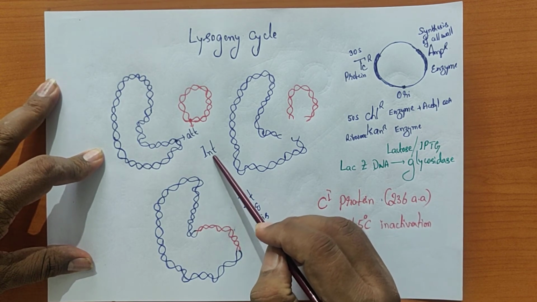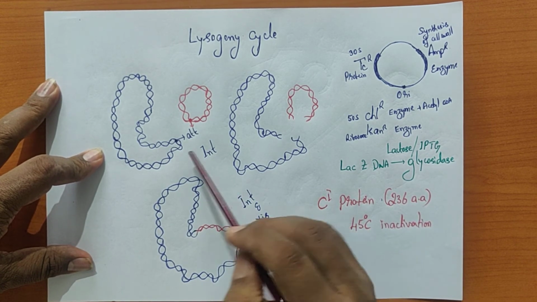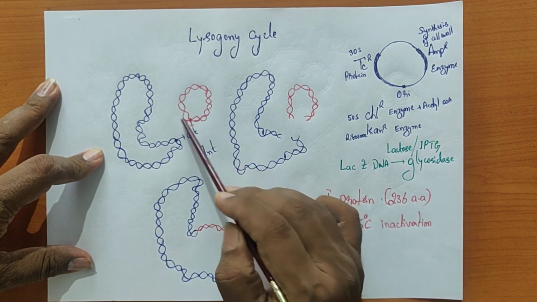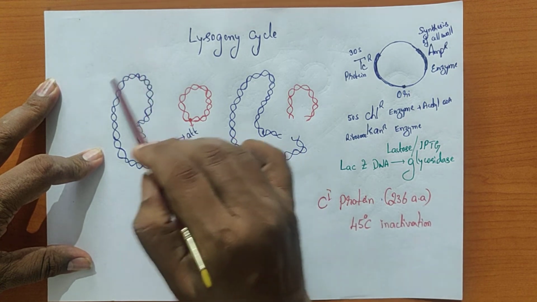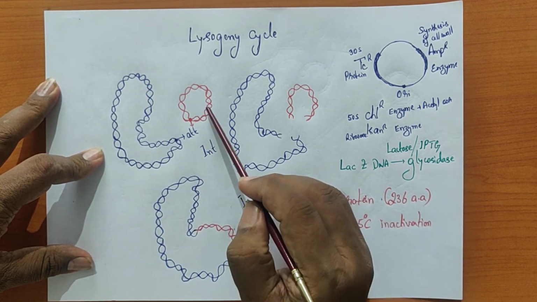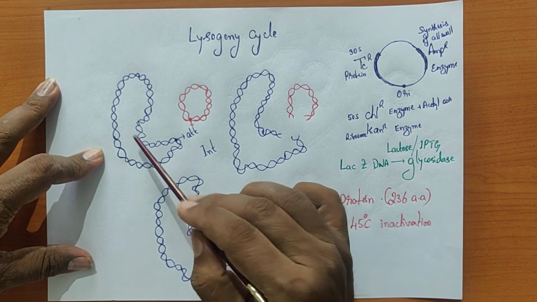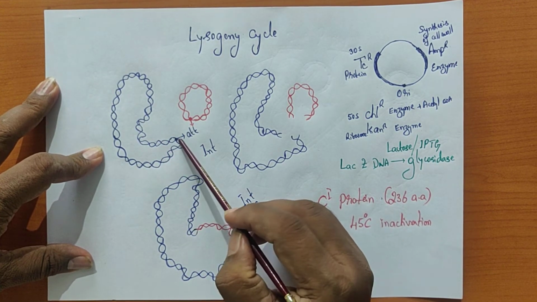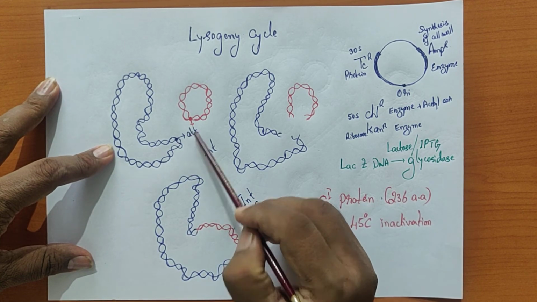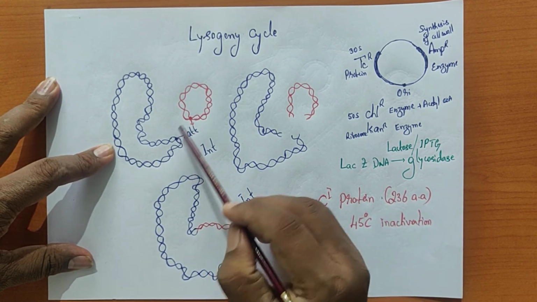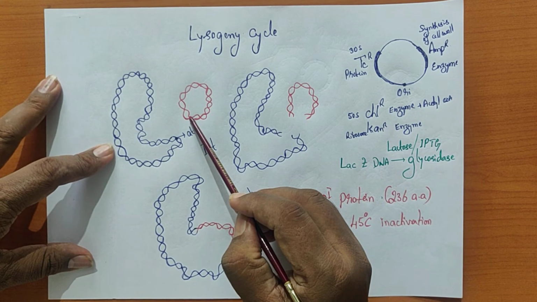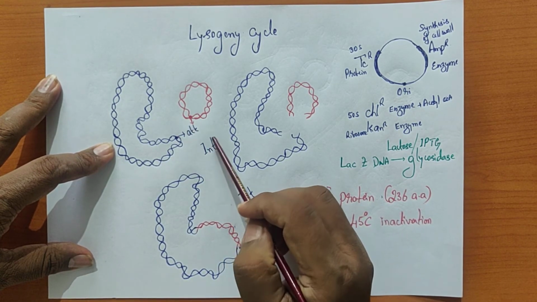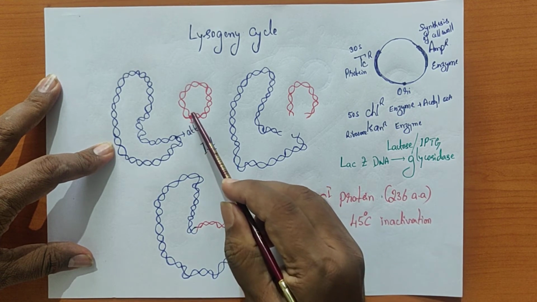Now this is the phage DNA and this is the host DNA. The phage DNA has to integrate into the host region. What this INT protein does is that it recognizes an ATT site both in the host chromosome as well as in the lambda DNA. So it recognizes specifically the ATT sites, and this INT will initiate cleavage.